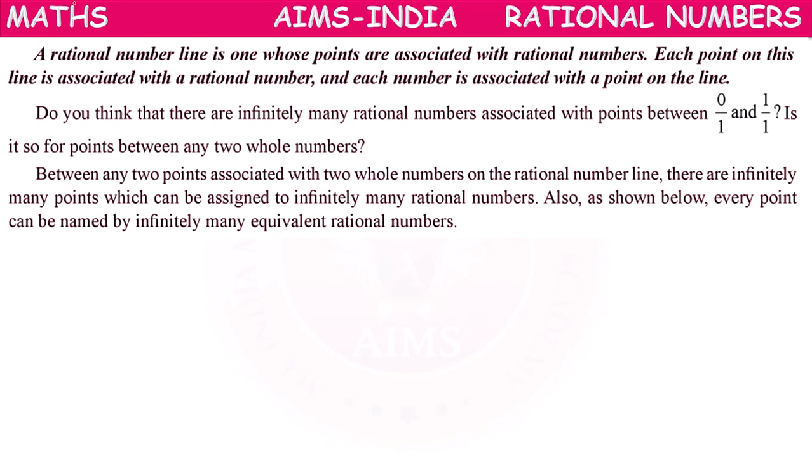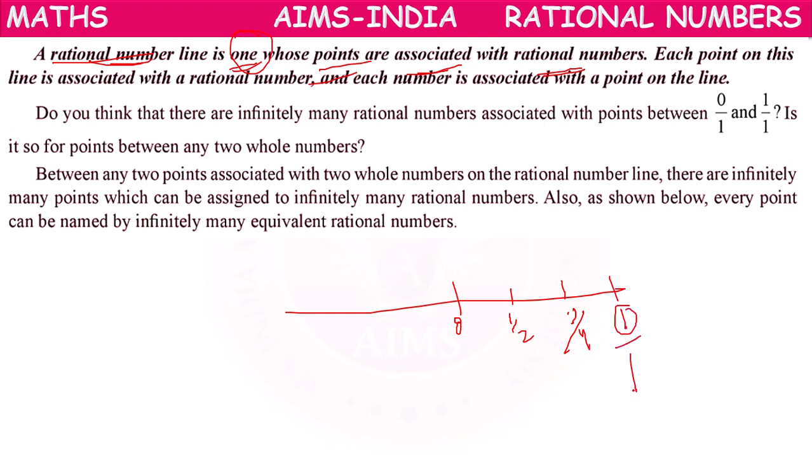Next. So here, a rational number line is one whose points are associated with the rational numbers. Means a number line whose points are associated with the rational numbers, because 1 is also a rational number.